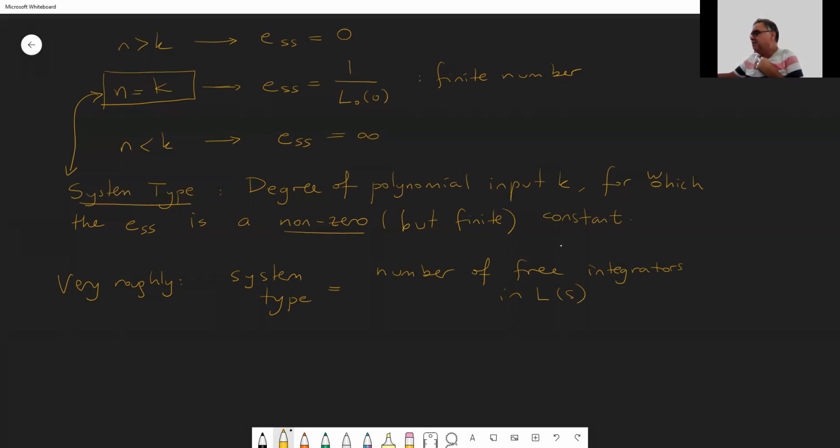Now, this is roughly correct, and it's not always correct, especially when there is a feedback term. Let's just remember that. It is correct if you have unity feedback, if the feedback does not contain an H term in it. But for most of the cases we will be using, this is correct.